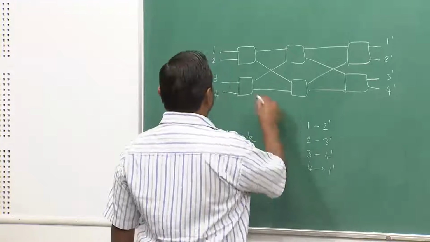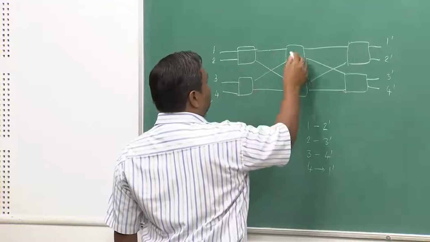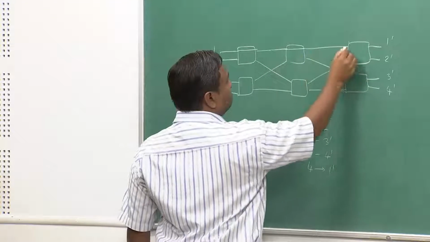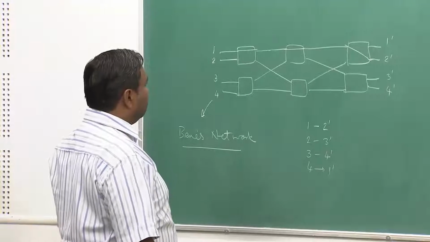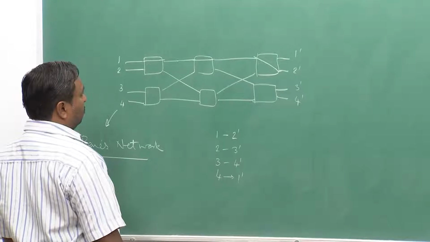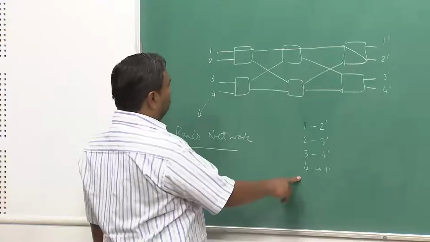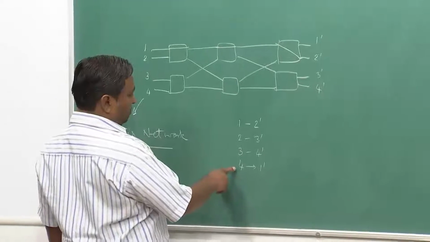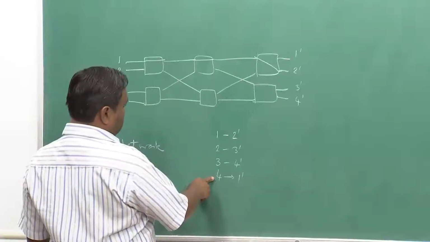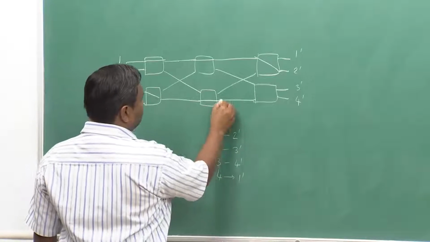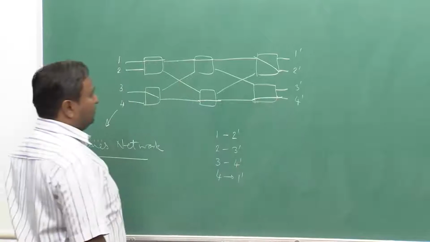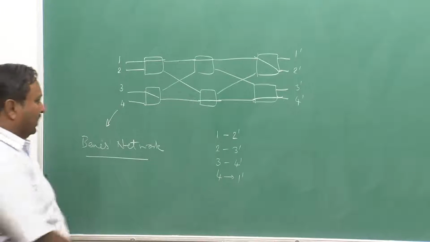One I can set up through the upper route, okay, 4 to 1 for example, and 3 to 4 prime I can set up in this fashion, okay. So, I have set this one up.